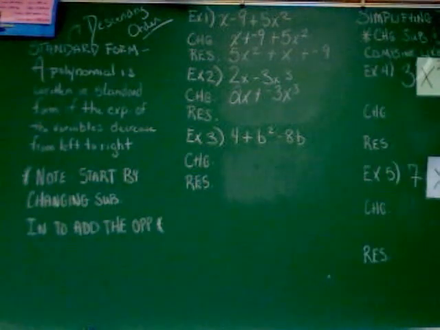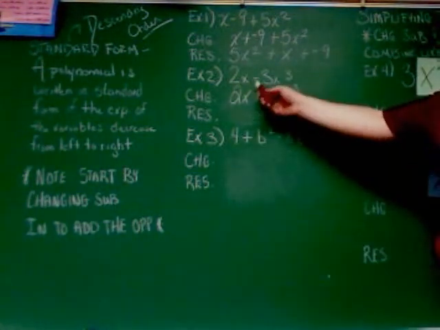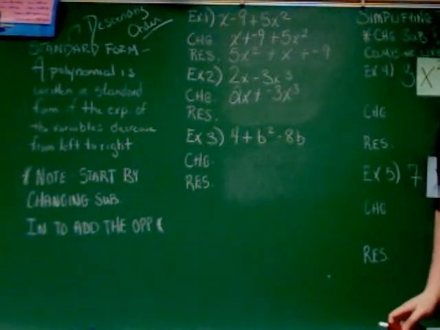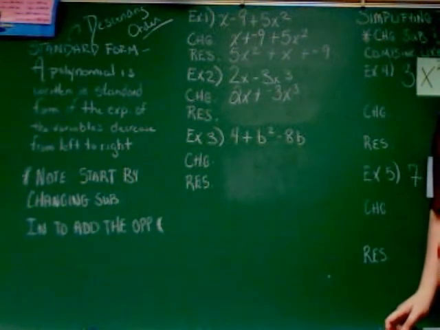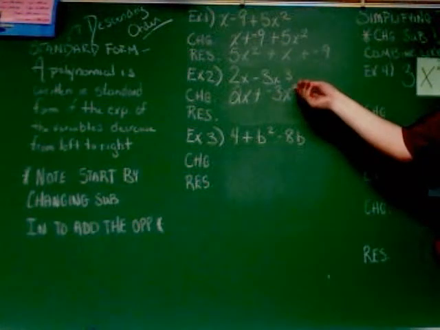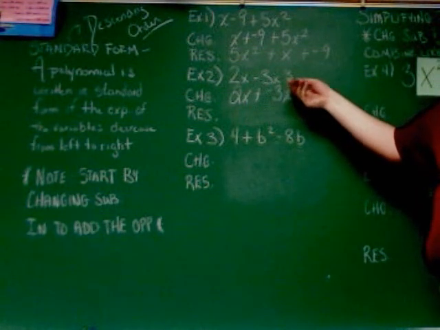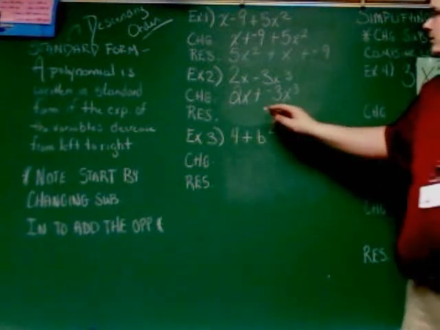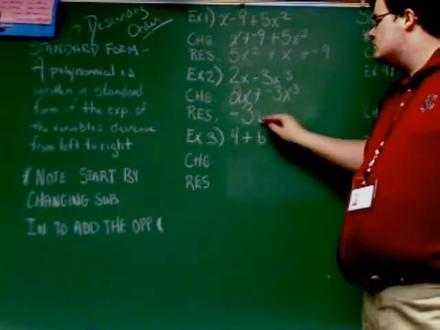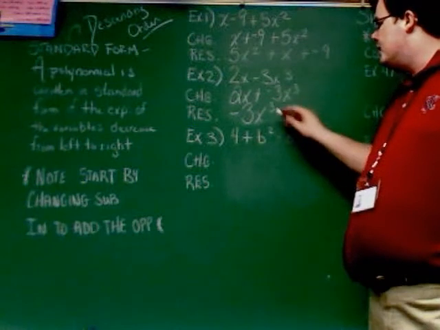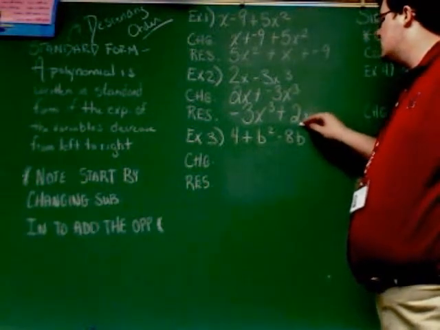Now, which one has the bigger exponent? 2x or negative 3x cubed? Negative 3x cubed. This one has a 3. This one doesn't have anything. So this one's got to go first. So I'm going to put negative 3x cubed first, then plus 2x.